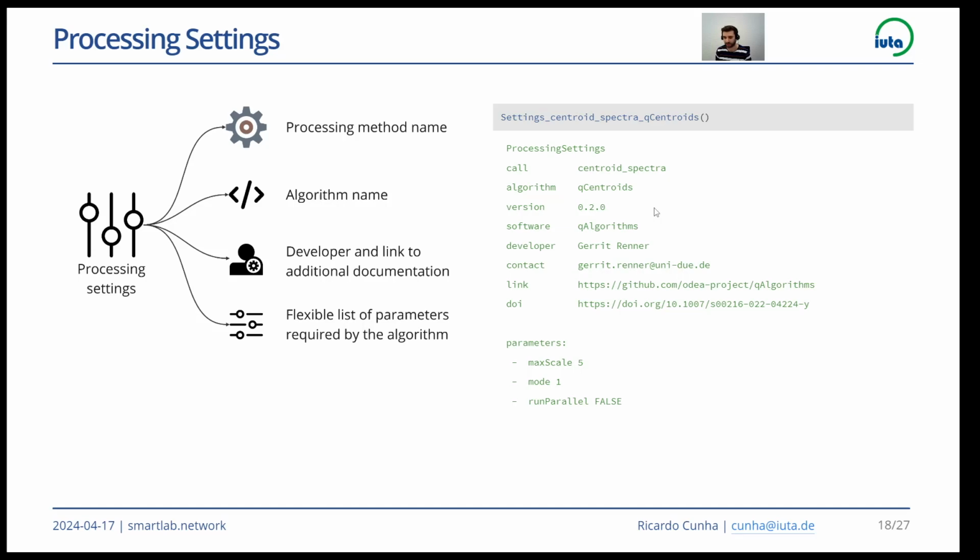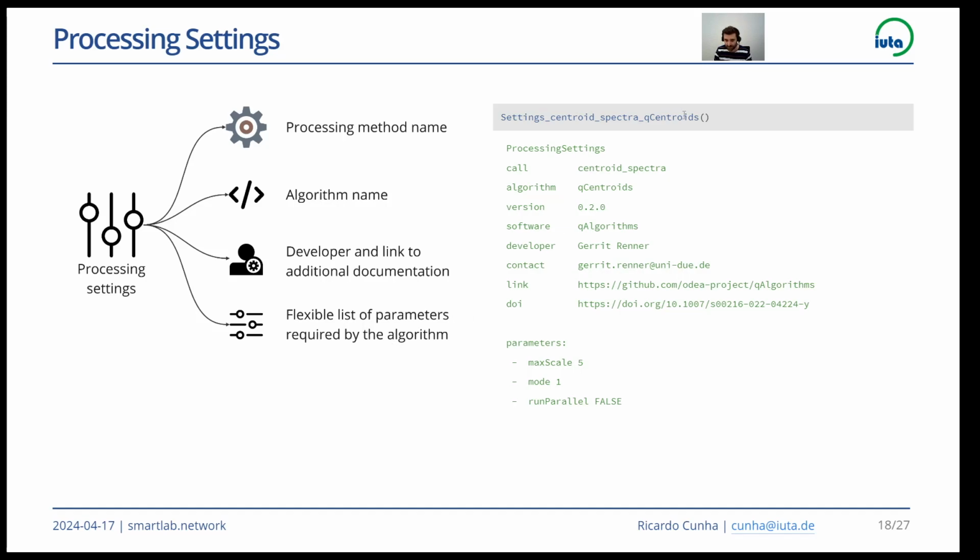For the same method, different algorithms, because sometimes one algorithm is better for a given scenario in comparison to another one. So we can have different algorithms for one simple task, and we add that information, as well as the information about the developer or a link to other documentation. And last but not least, of course, is a list of parameters, which are conditions to apply the algorithm.